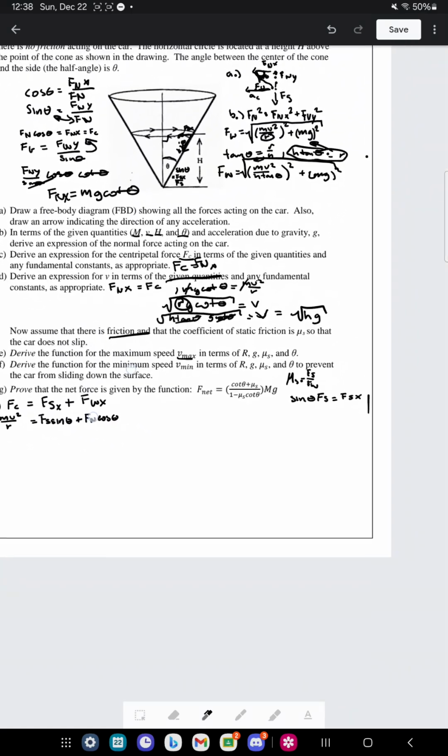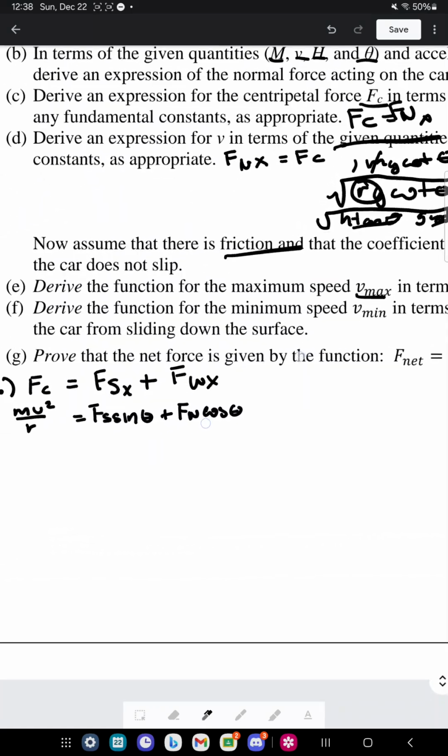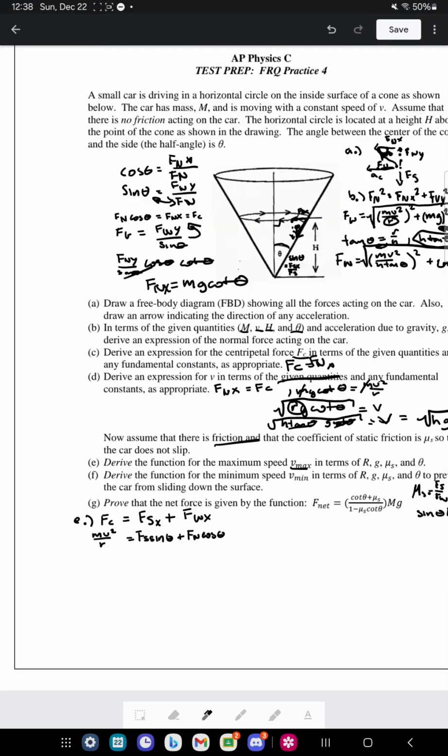And let's see, we want to find it in terms of r, g, mu s, and theta.